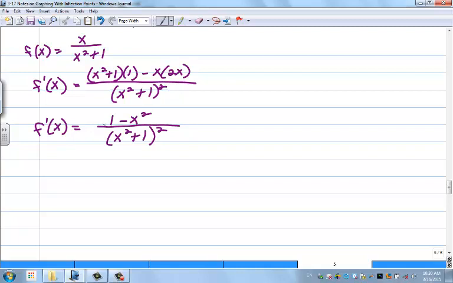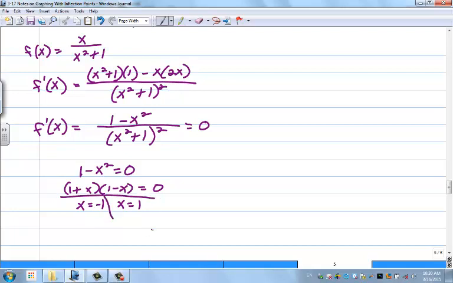Alright, so you're going to use the top. 1 minus x squared equals 0, because basically you can multiply through by the bottom because it's always positive. And then we factor it, 1 plus x times 1 minus x equals 0, and then we get x equals negative 1 and x equals 1 as our critical numbers here.